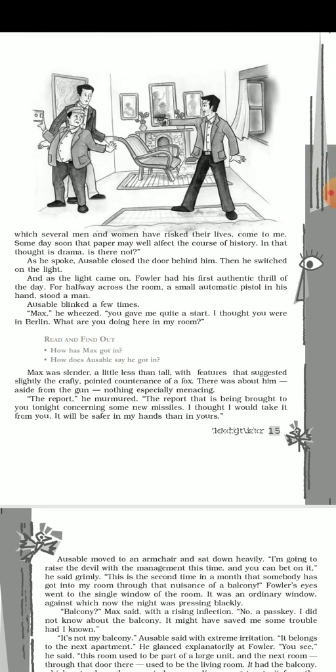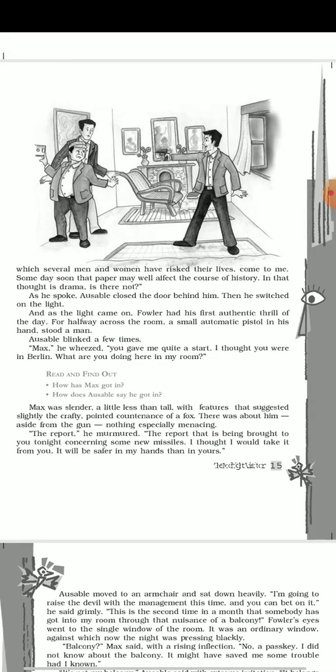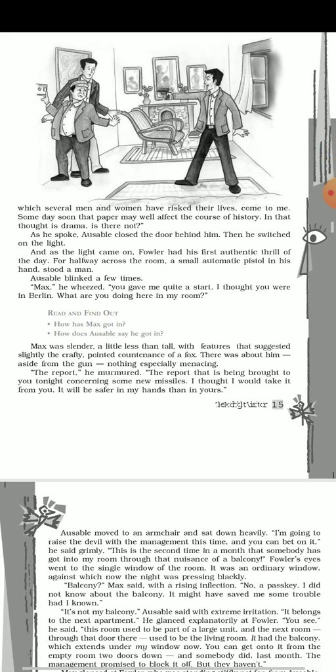Next, first read the questions before that. How has Max gotten in? How does Ozable say he got in? Right? So, two questions are there as I just hinted, right? So the question is, how Max entered the room of Ozable when it was locked from outside, because Ozable only opened the door with his keys when both Ozable and Fowler entered the room.